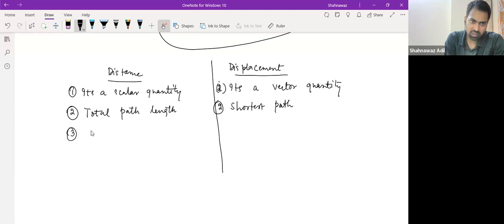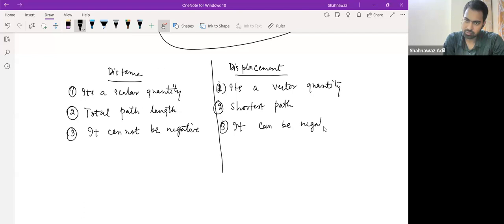As you said, distance cannot be negative, and displacement can be negative. So these are the three differences between distance and displacement, right?